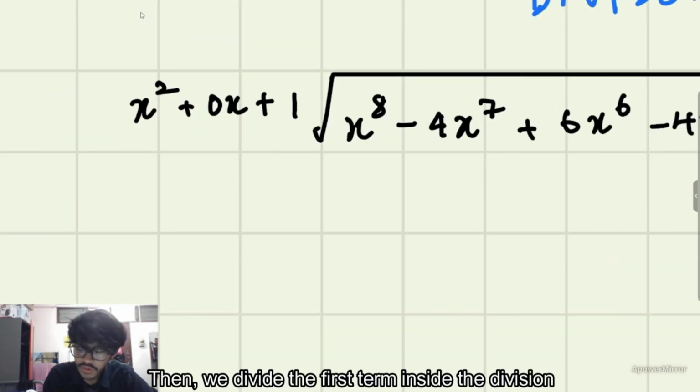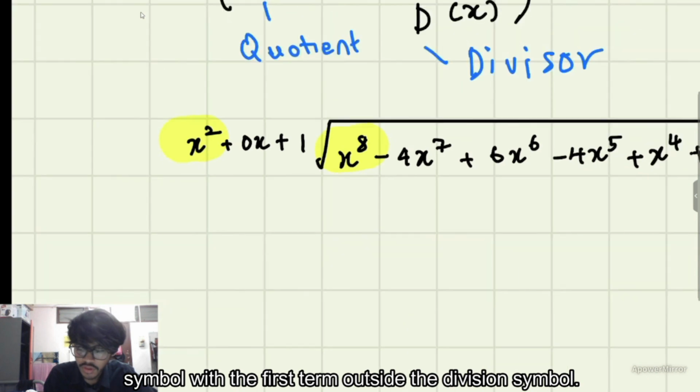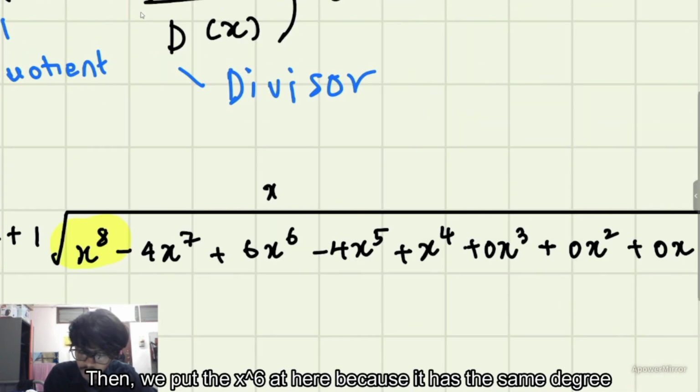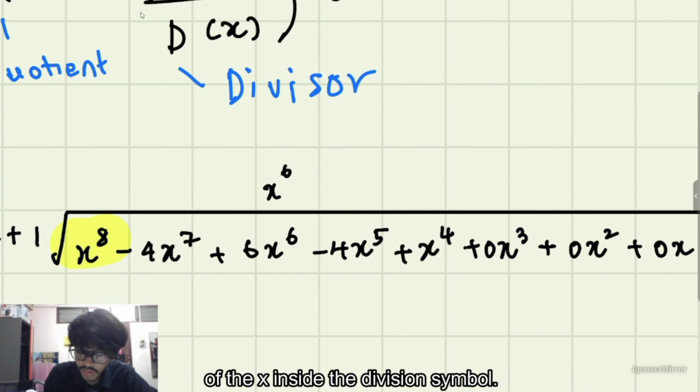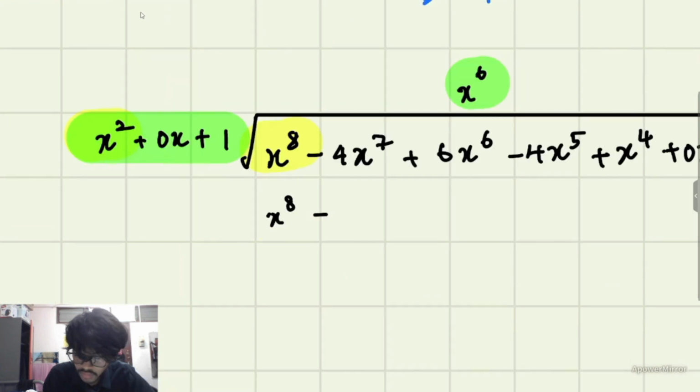Then divide the first term inside the division symbol with the first term at the outside of the division symbol. Then we put x to the power of 6 here because it has the same degree as the inside of the division symbol. Then we multiply the x to the power of 6 with all terms at the outside of the division symbol.